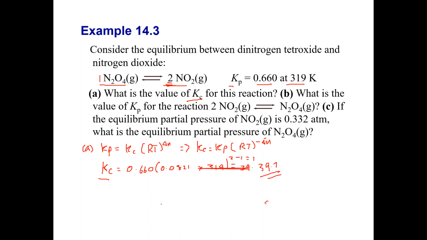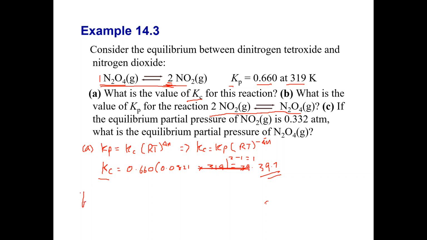Now the B part is asking what is the Kp for the reaction of 2NO2 to form N2O4. If you look at this equation here, you see that the equation for the B part is the reverse of the initial equation given. So what does that mean for the Kp value? It means that the Kp value for the new equation would be 1 over the Kp value for the initial equation.